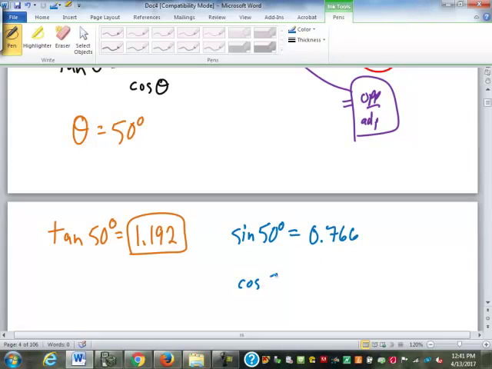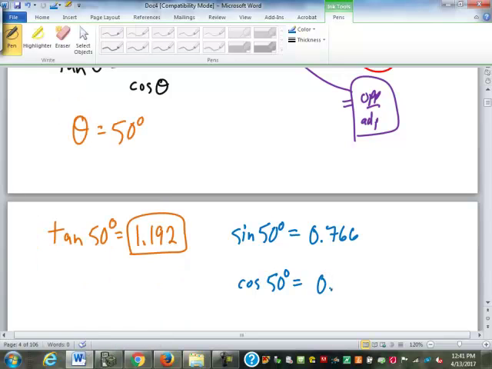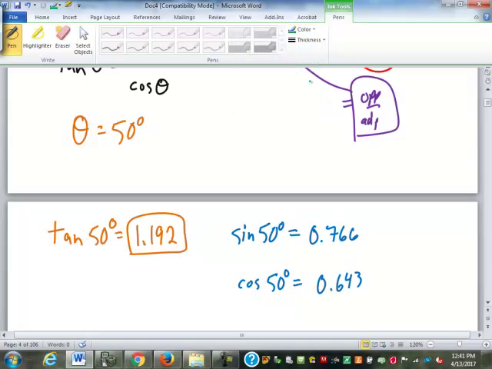Let's find the cosine of 50 degrees. 0.643. So now if I divide sine divided by cosine, that's going to be 0.766 divided by 0.643.